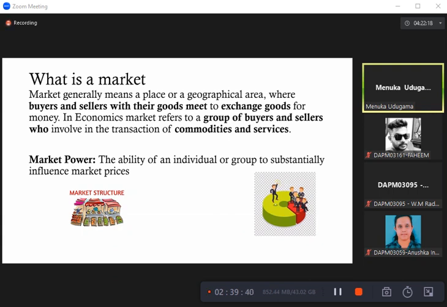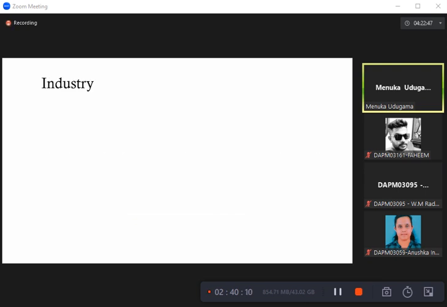But if you are the only firm that produces a certain good, then you have very high market power. You can price however you want. You can discriminate price, charge different prices from different people at different times. Otherwise, your market power reduces if you are in a market with so many other sellers.